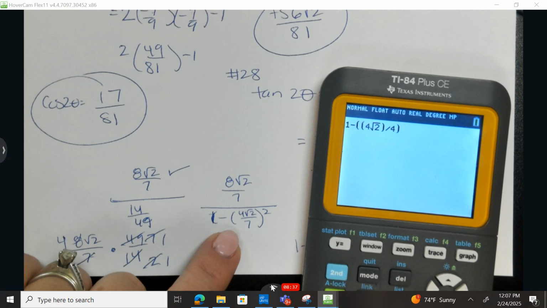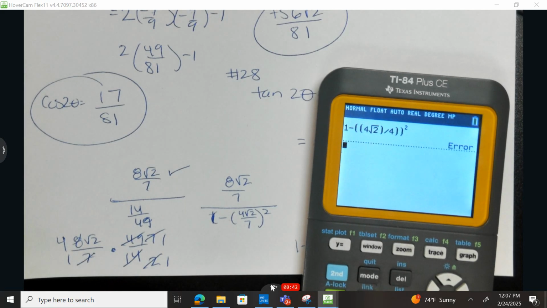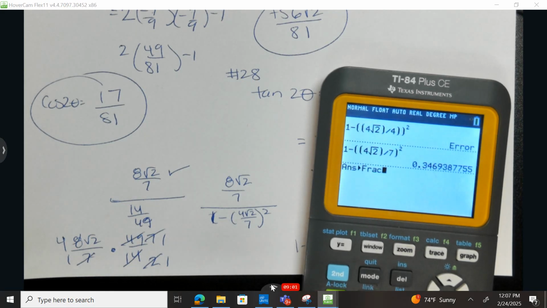Okay, and then we're going to square it. Oh, I put in a 1 too many. 1 subtract. Square root. 4 square roots of 2, divided by 7, not 4. Divided by 7. And squaring that. Okay, turning it back into fraction.